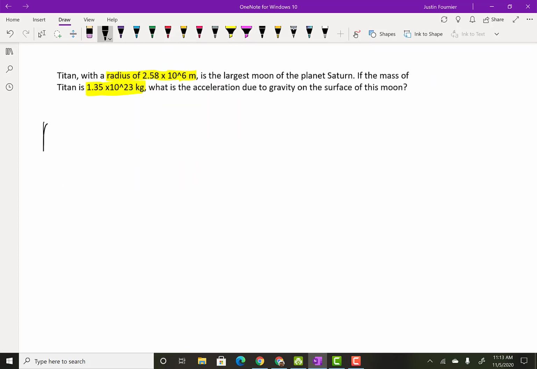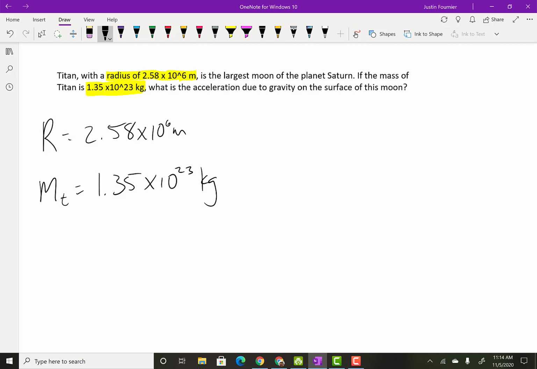So I've got the radius of Titan is 2.58 times 10 to the 6 meters, and the mass of Titan is equal to 1.35 times 10 to the 23 kilograms. The question is, what's the acceleration due to gravity, baby g, or the gravitational field?